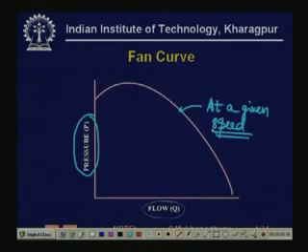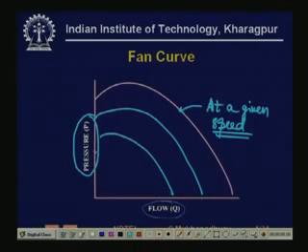So if the speed of rotation is changed, then this characteristic will shift up and down. Actually you will get a family of characteristics with decreasing speed, right. So this is the characteristic of the fan as such.